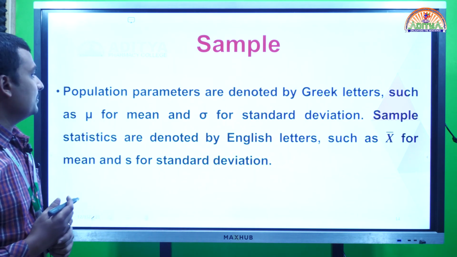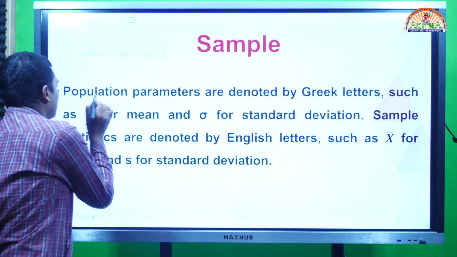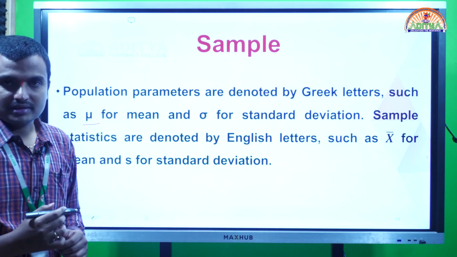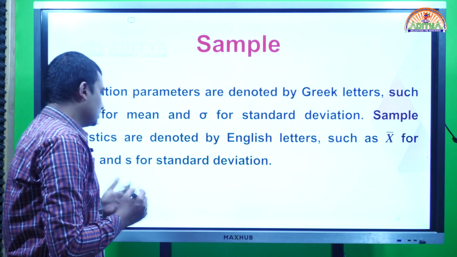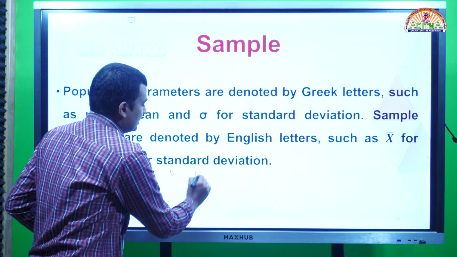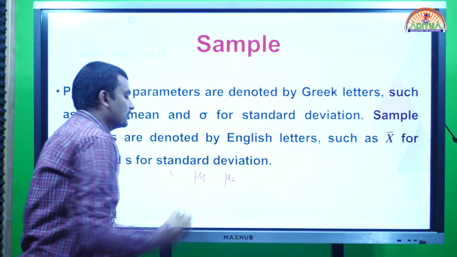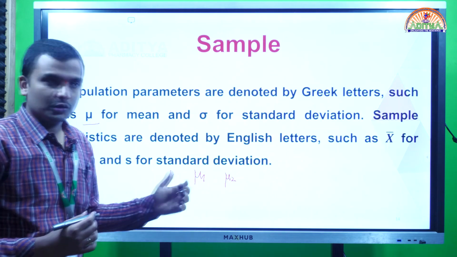And the population parameters are denoted by the Greek letters such as mu. For example, if you want to represent particular groups, if there are two groups, you can represent them like mu1 and mu2, where mu1 and mu2 are the two different groups.